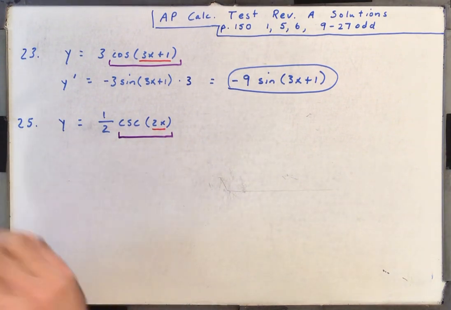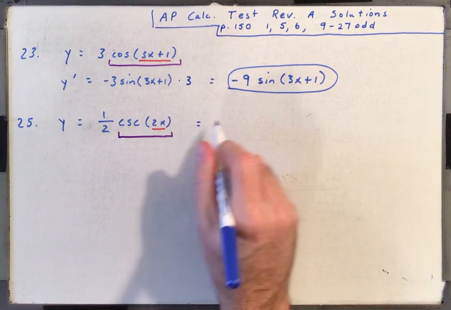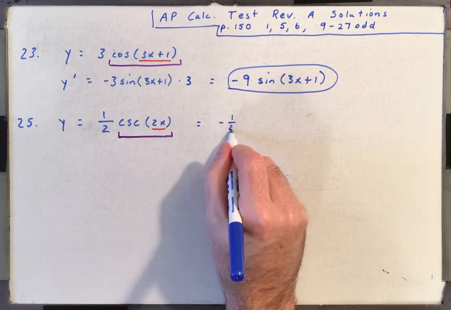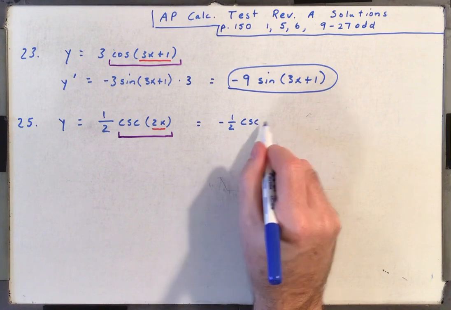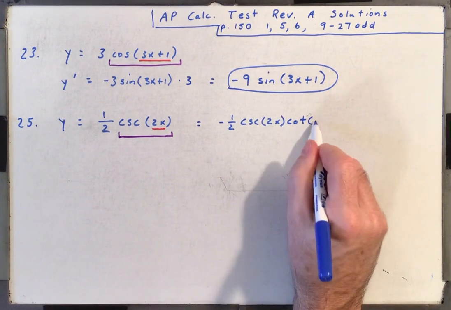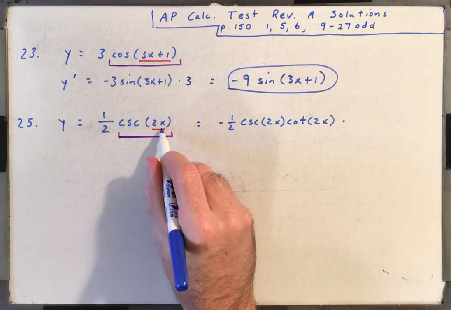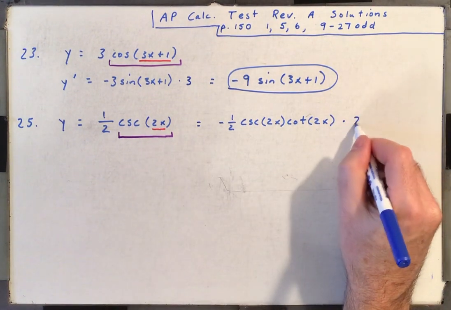So the derivative of cosecant is minus cosecant cotangent. So it's going to be minus 1/2 cosecant 2x cotangent 2x times the derivative of 2x, which is 2.